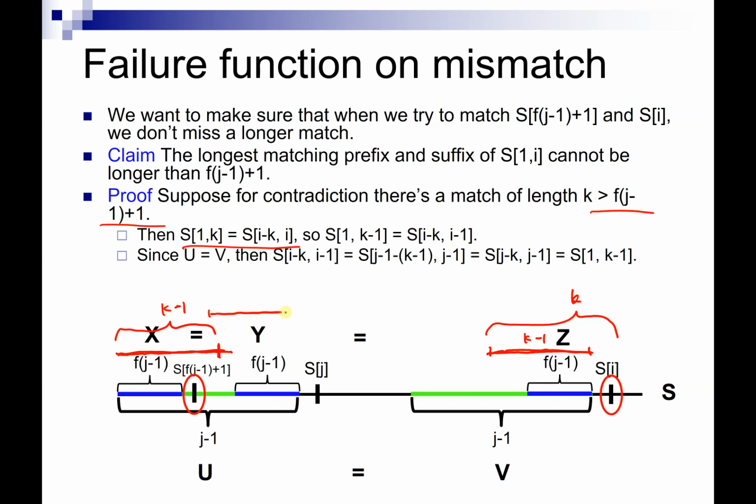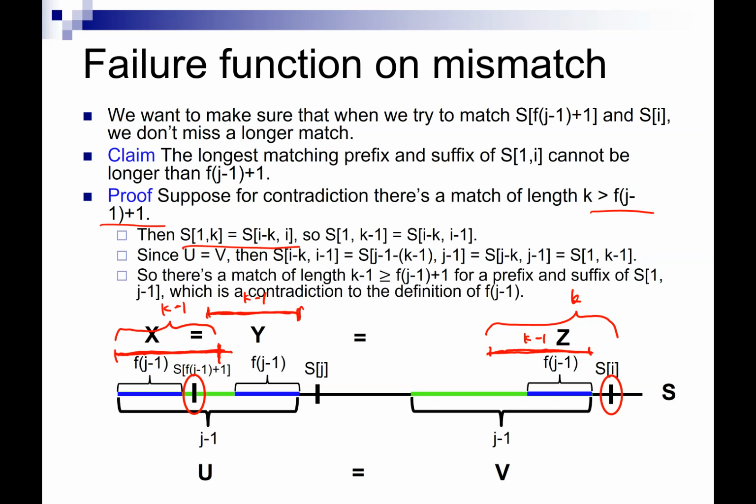So there's also this suffix in u over here, and this is also of length k minus 1. And so this suffix here would then be equal to this prefix over here.